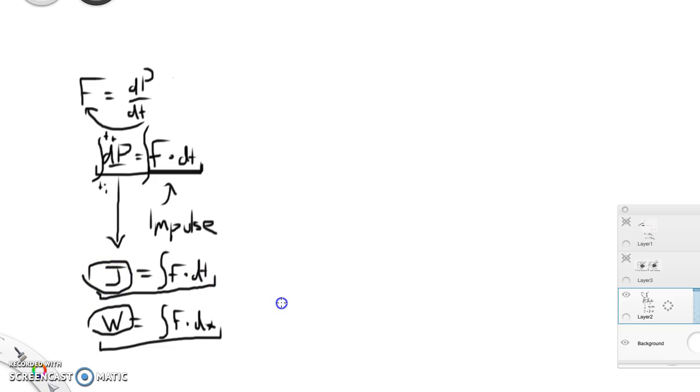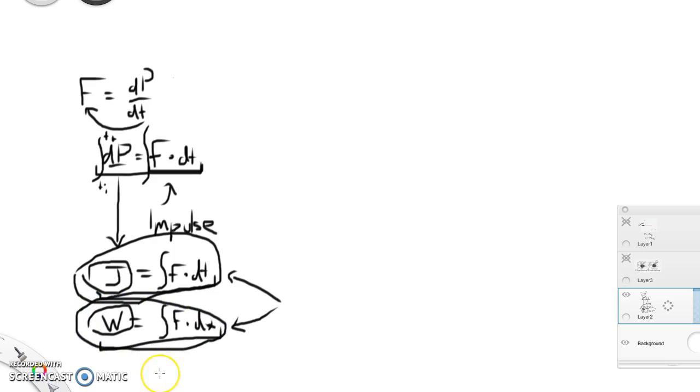So I want to highlight one quick thing here. These are two different methods of solving problems. When we are given information about the time that a force acts on something, it's helpful to use a momentum approach to solve a problem like that. If we're given information about a force acting over a certain distance, then we use work and energy to talk about it.